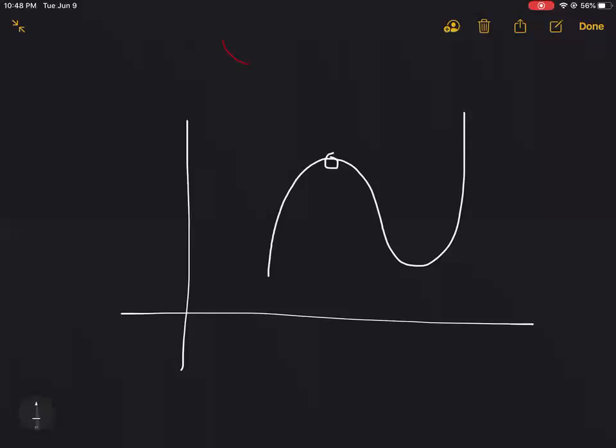There is a hole here as well. That means this particular value is not included in the graph. This particular value as well. The hole means that at that point we don't have a defined value of that function. That point is not included.